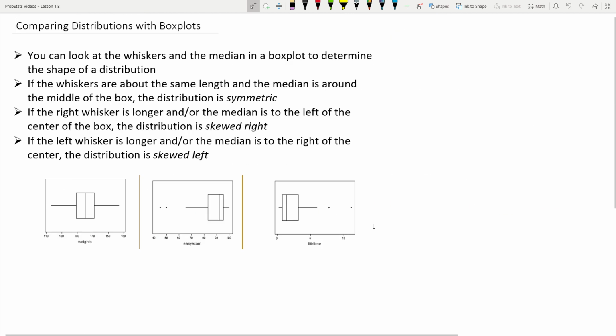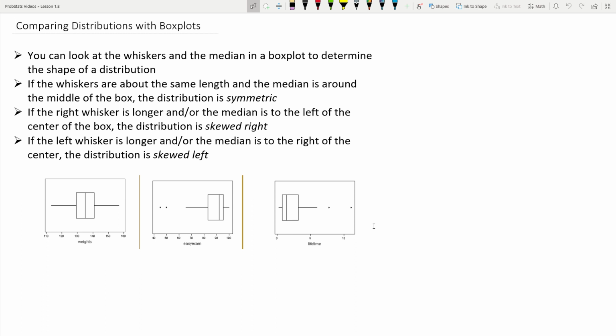All right, so if you want to compare distributions with box plots, you want to look at a couple of things for the shape. You want to look at the whiskers and the median in the box plot to determine the shape of the distribution. So if the whiskers are about the same length and the median is around the middle of the box, we call the distribution symmetric. If the right whisker is longer and or the median is to the left of the center of the box, the distribution is skewed right.